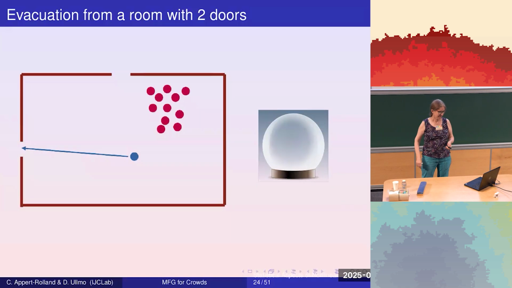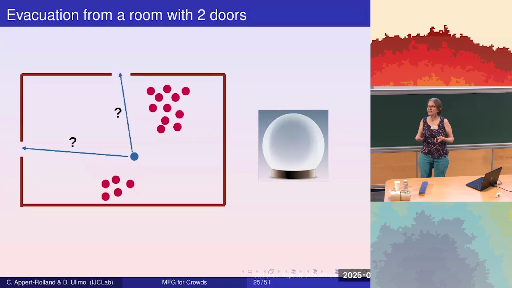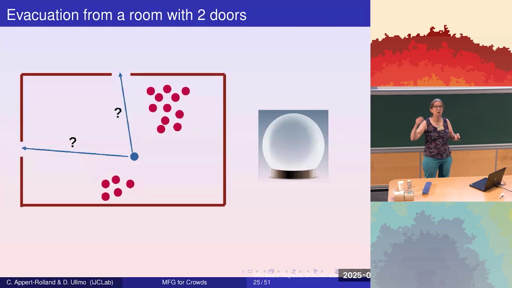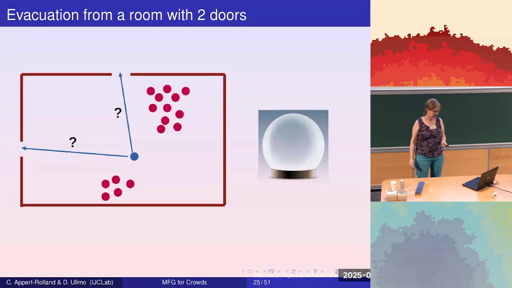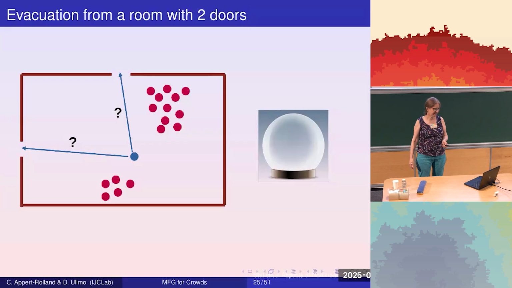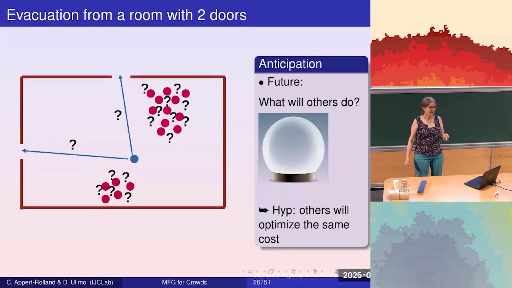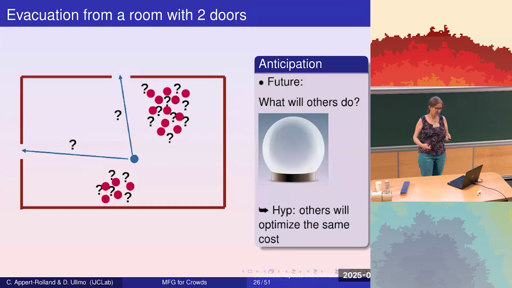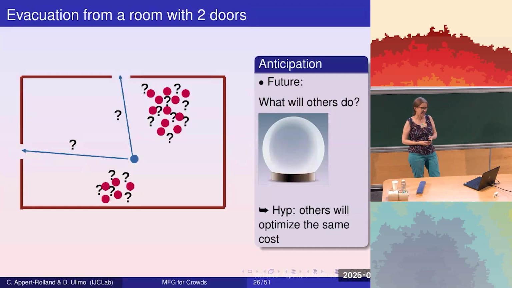So you may decide to take the other exit, okay? And you have even more complicated situations. Here you have two groups, which one will go where, and so the decision can be quite tricky, especially that you have to foresee what others will do, and themselves they will have some strategy.